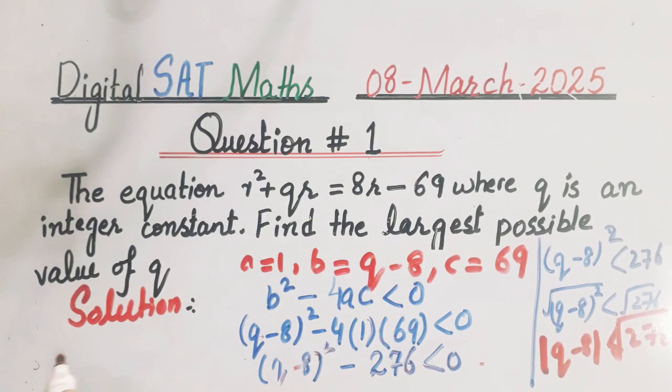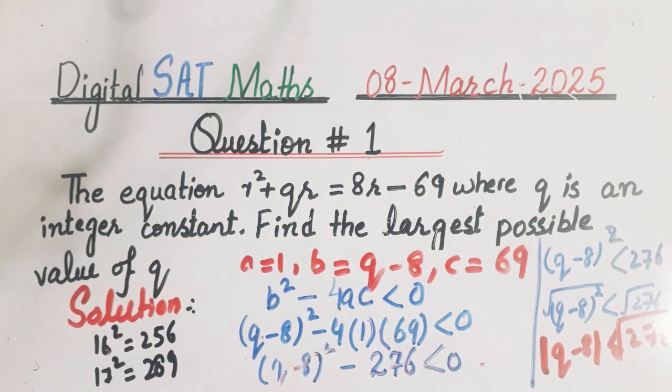We know two conditions that we will use here: 16 squared is basically 256 and 17 squared is 289. It means 276 will lie between 16 and 17. So we will take the approximate value of this.